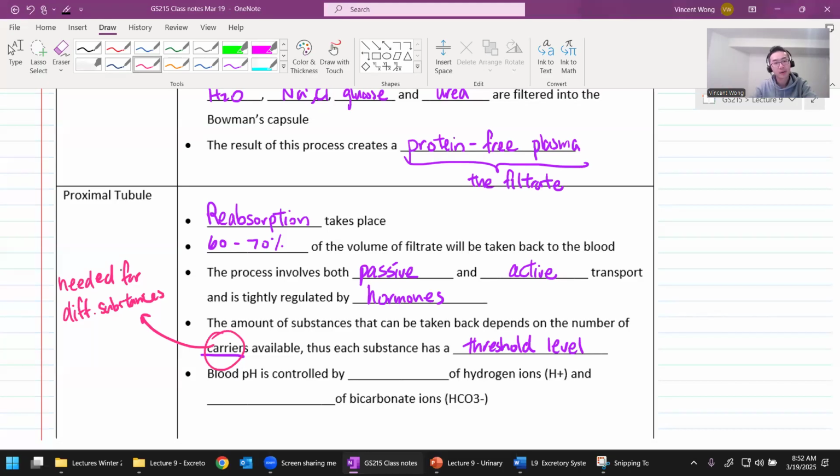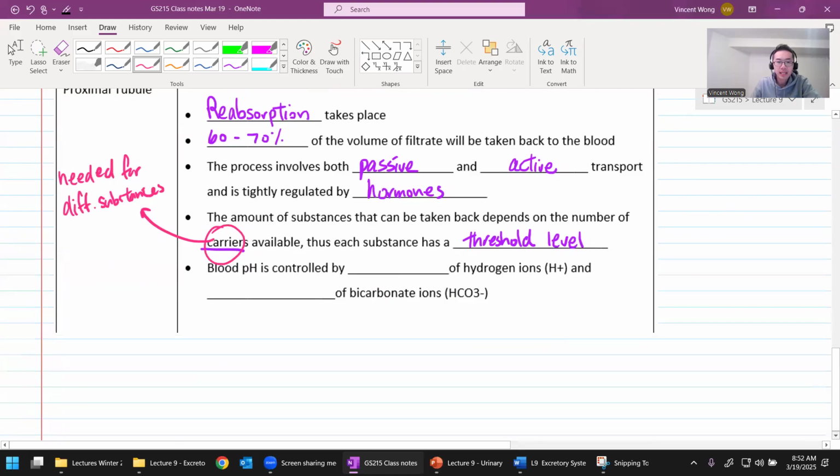If you don't have a carrier on the proximal tubule for a particular substance, that substance will not be reabsorbed. Like caffeine, I told you. Like certain medication you're taking, like antibiotics, it goes to your blood and then your kidney filters it. You can't reclaim those because we don't have a carrier for those antibiotics. It's not something that's natural in the body.